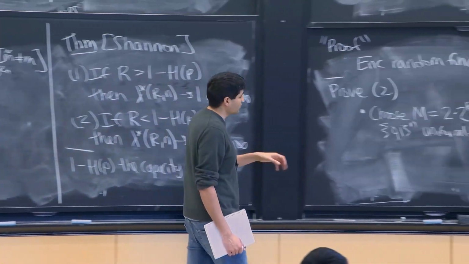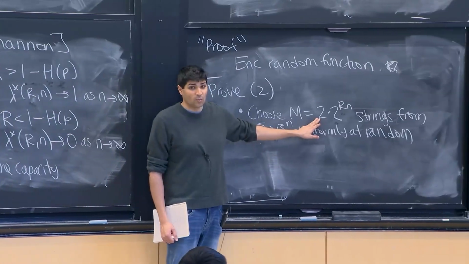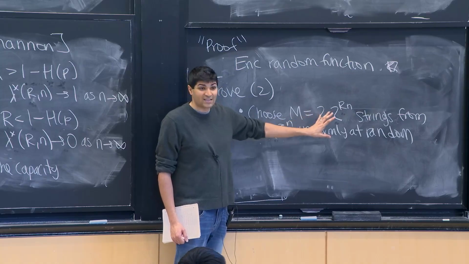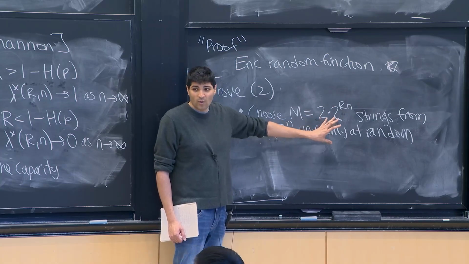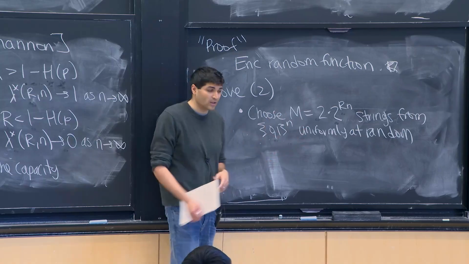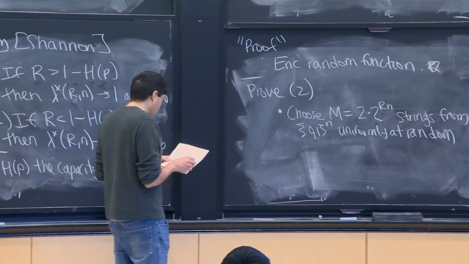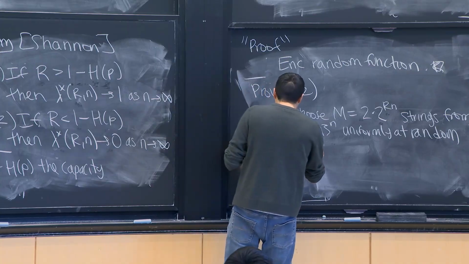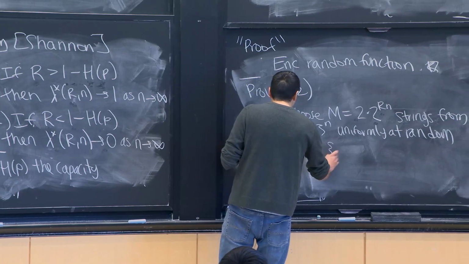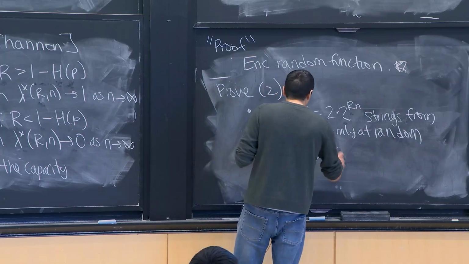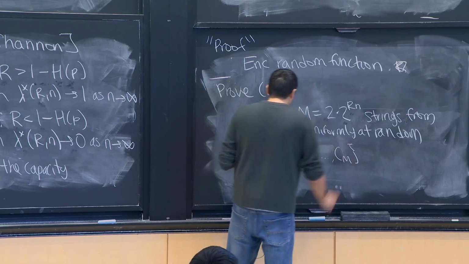I have this extra factor of 2 for reasons that will become clear much later, because this scheme by itself won't quite work. We'll have to remove some of these strings to really get by, and we'll talk about that later. But that's at least the intuition. And here I'm going to define the codebook, script C. That's just all of these different strings that I've chosen, C1 up to CM.